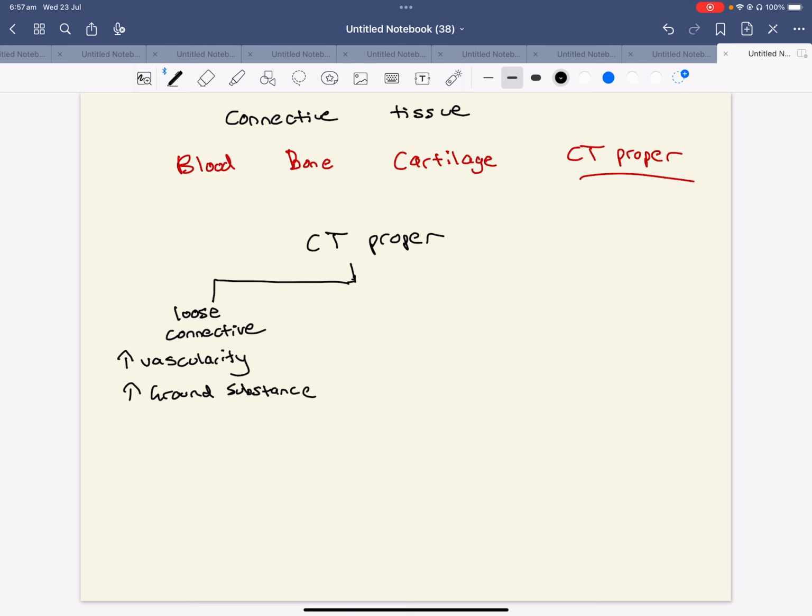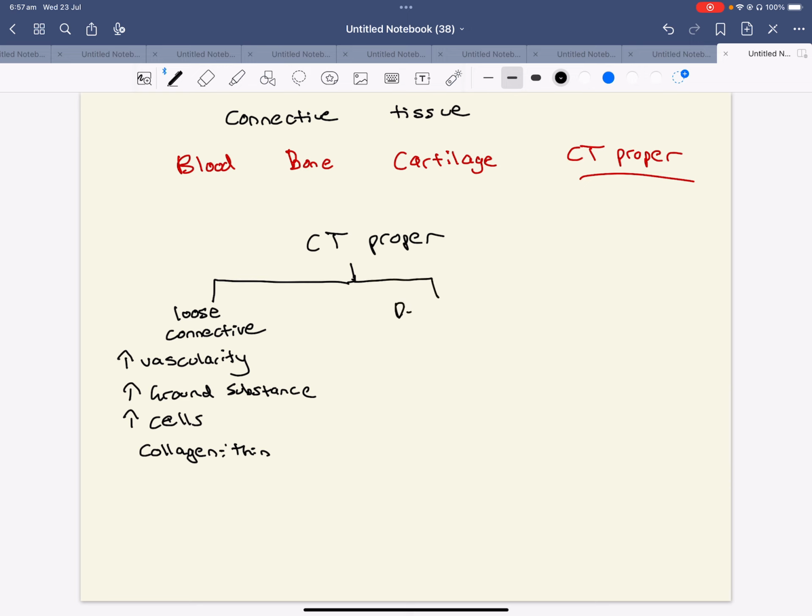It's part of the extracellular matrix. It's got a high number of cells. It's got collagen fibers, but the collagen fibers are thin. And those are the main things you need to know about loose connective.